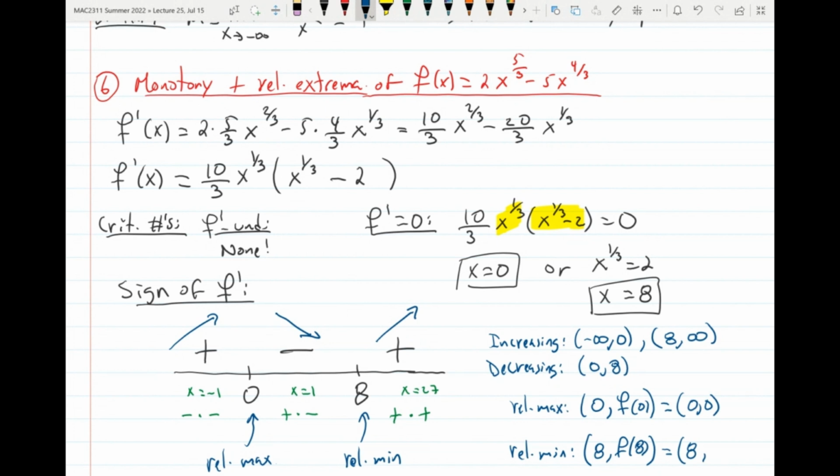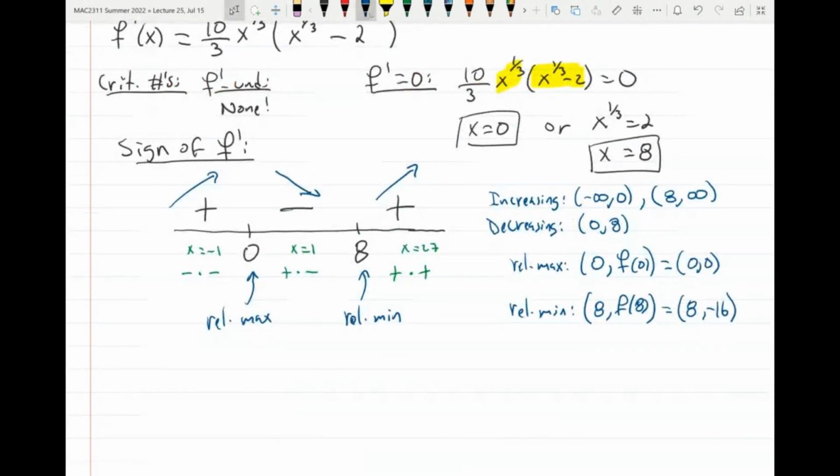Okay, 2 times 2 to the 5th, then minus 5 times 2 to the 4. Okay, so this is a negative 16. All right, that's a nice little point.